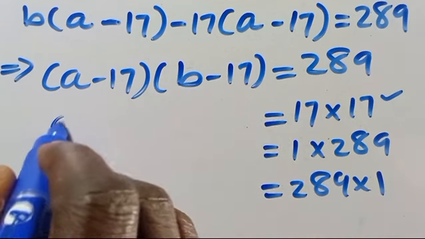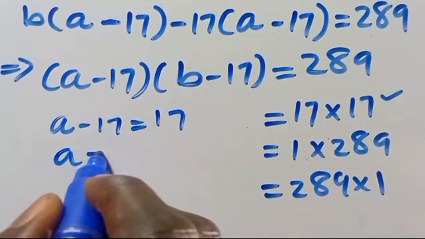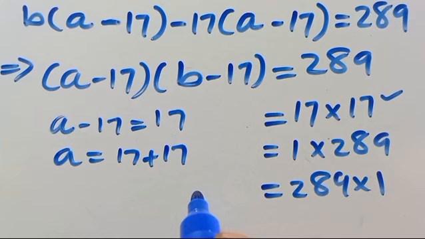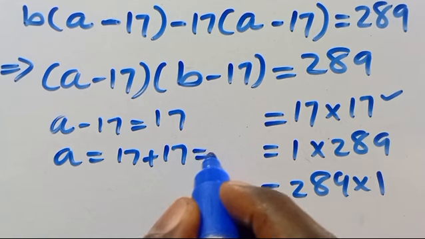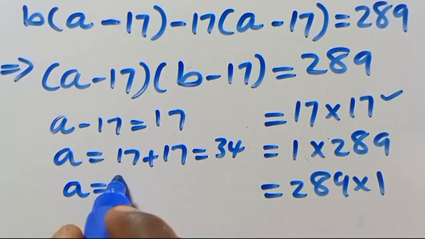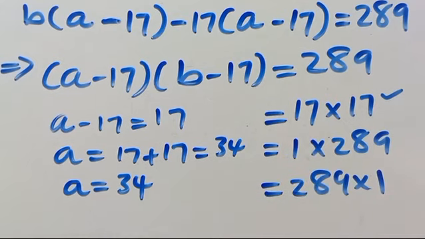So from here, we have a minus 17 equals 17. Then a will now be 17 plus 17, which will give us 34. So we have a equals 34. b minus 17 equals 17 from this side.